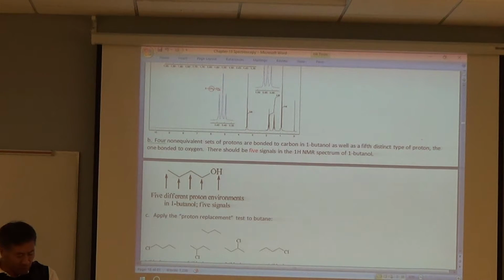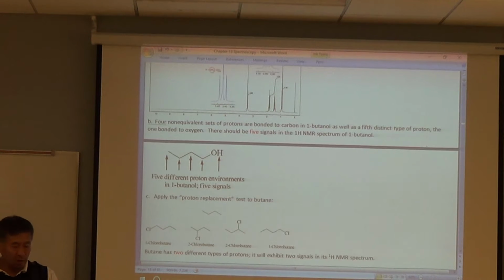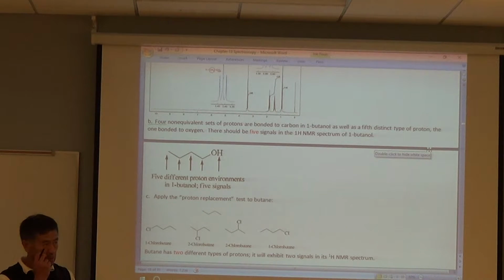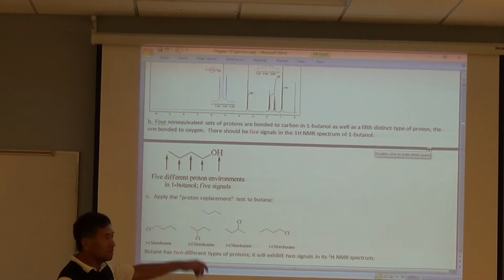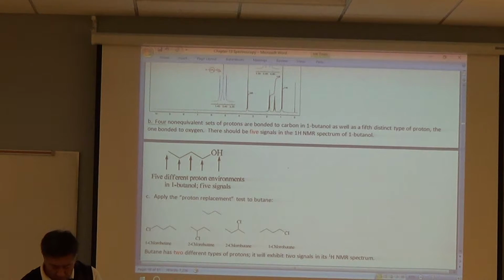This one you will have a set of 5 signals because you have an H on the oxygen. So this one you will have a CH3 and CH2 and CH2 and CH2 and O and H.